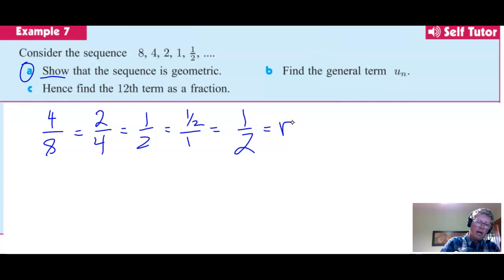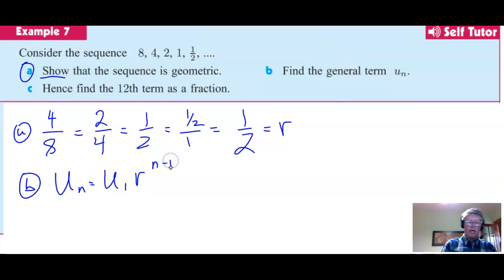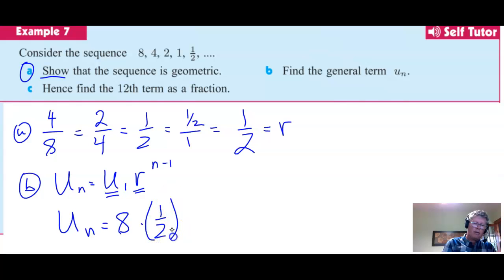All right. Part B is asking very nicely, what is the nth term? Since this is geometric, I write down my formula. The two things that I need to find are r and u sub 1. I leave n in the formula because that's our variable. That's where we can plug in what we want. This is pretty straightforward. The first term is 8 times 1/2 to the n minus 1.